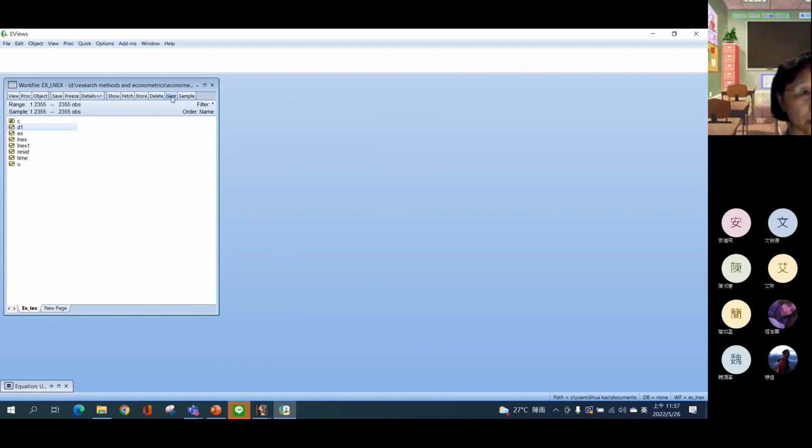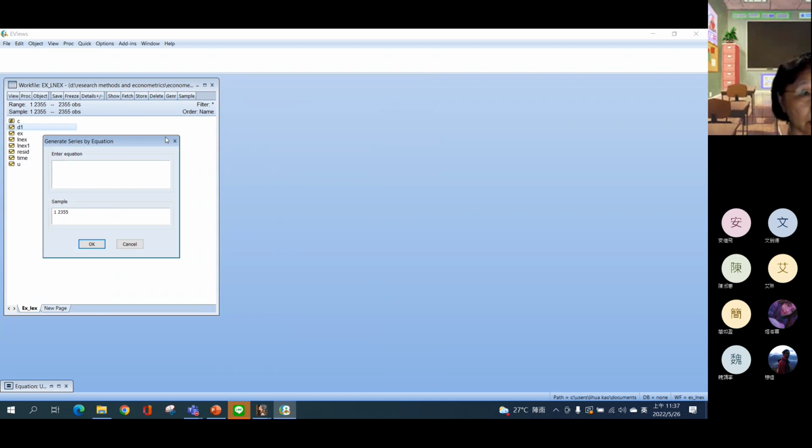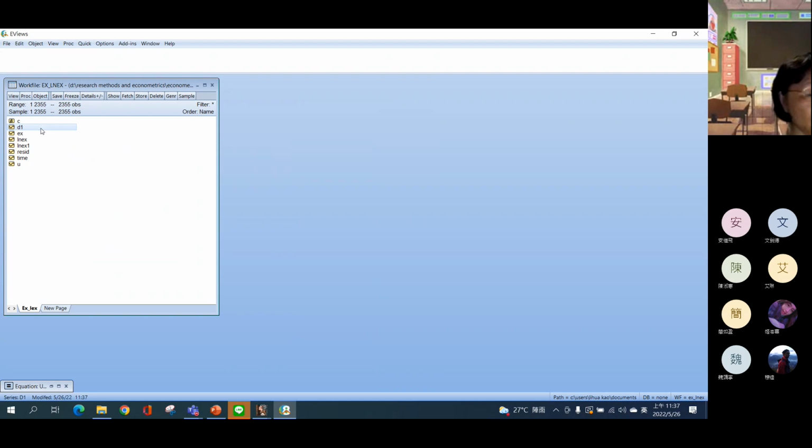I can use generate. So I'm using D1 equal to the difference of the LNEX. This is D, just D, not D1. I use the difference of the LNEX and make it another variable called D1. I hit OK, and this is what I have, D1 here.